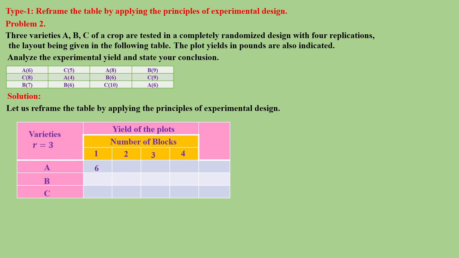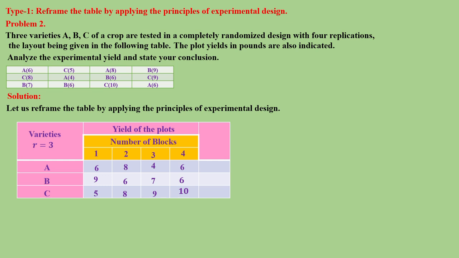So first A 6, then 8, then 4, then 6, then B 9, 6, 7, 6, then C 5 and 8, 9, 10. So here all are equal blocks, right?